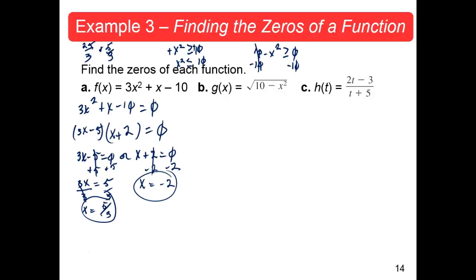What do you do next? Take the square root of both sides. That is true, except you got to be a little bit careful here. What x squared less than or equal to 10 means is x times x is less than or equal to 10. Now, what does that tell you? Is that the way we want to approach this?